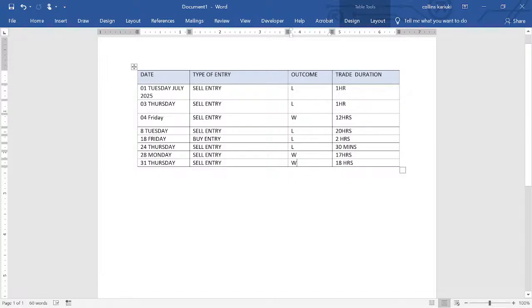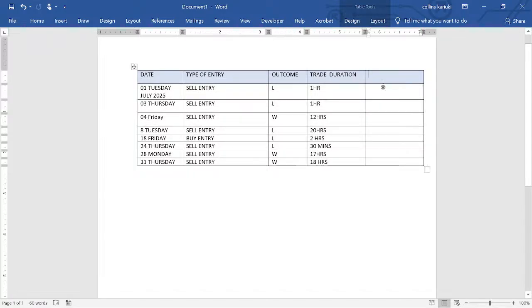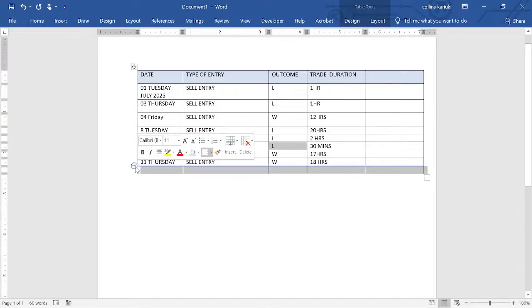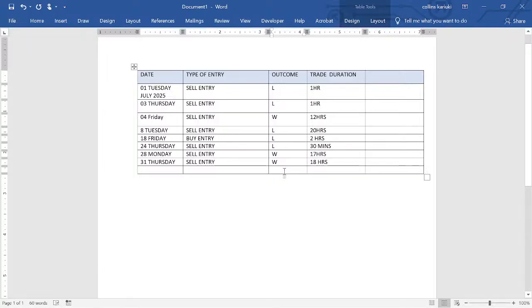So assuming we had an RR of 1:3, that means you'd have made 3, 6, 9, and then minus 1, 2, 3, 4, 5. So 9 minus 5, sorry, which is 4. So if you're risking 1% in each trade, you'd have basically ended up at a 4% profit for that month.